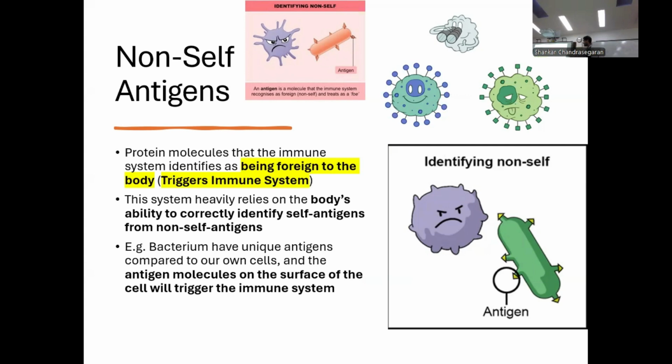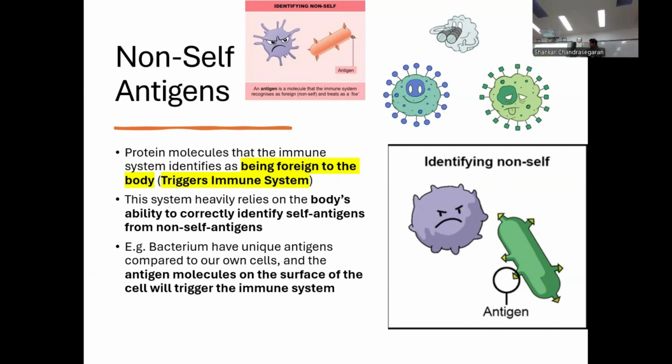Just to give an example of how non-self antigens would end up triggering an immune response: when a bacteria is infecting your body, right? You've had a cut, and bacteria is going into the cut. All these bacteria are trying to consume nutrients and reproduce, and they have specific surface antigens that are foreign to your body, that are non-self antigens.